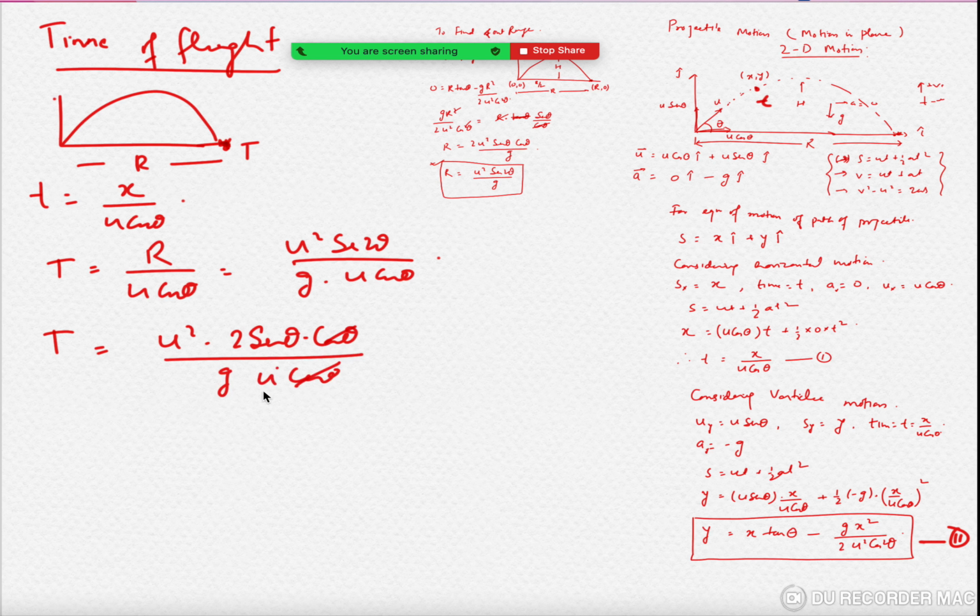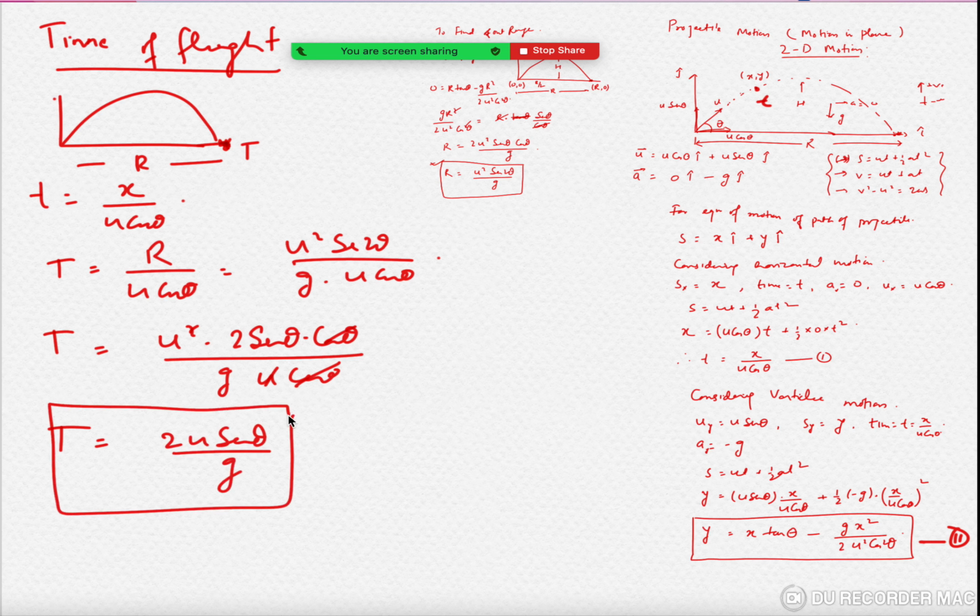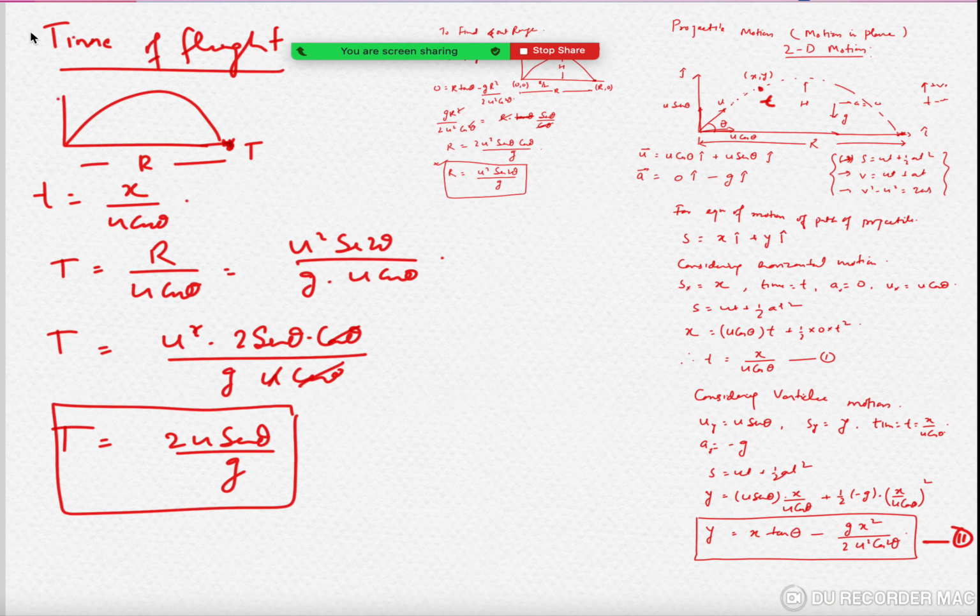So cos theta cut. So can I say time of flight is equal to 2u sin theta by g. So this is also something we can find out by the equation. So the base thing is the equation. If you know the equation, you can find out everything else.